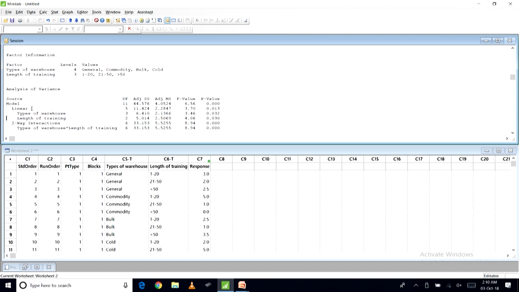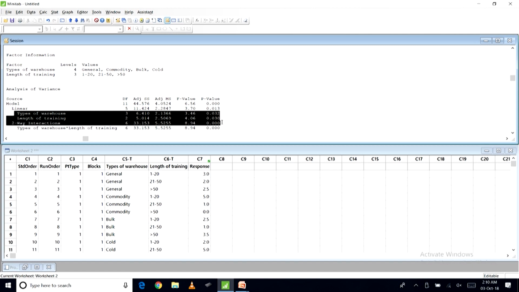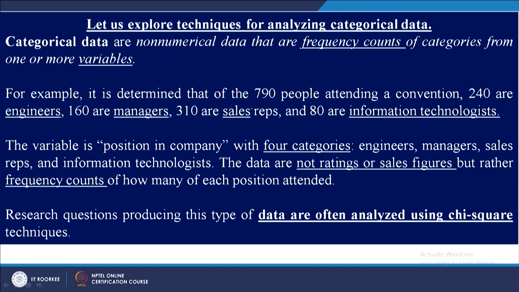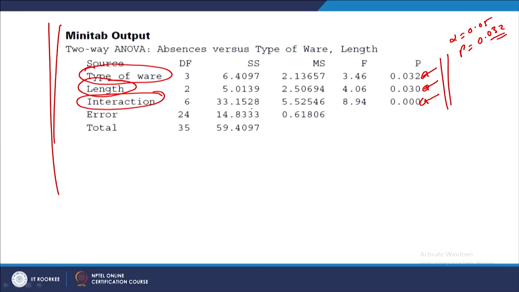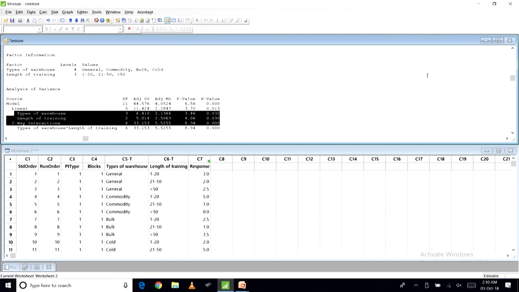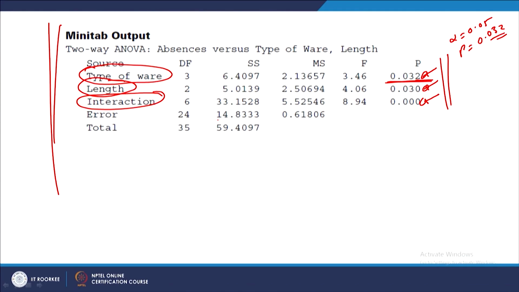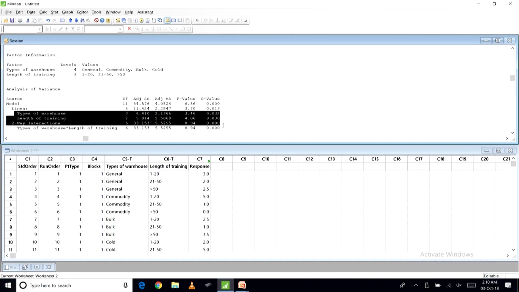Let us look at p values for this question. So, type of warehouse, p value is 0.032. Just see 0.032 for type of warehouse, length of training session 0.030, and for interaction it is 0, right.